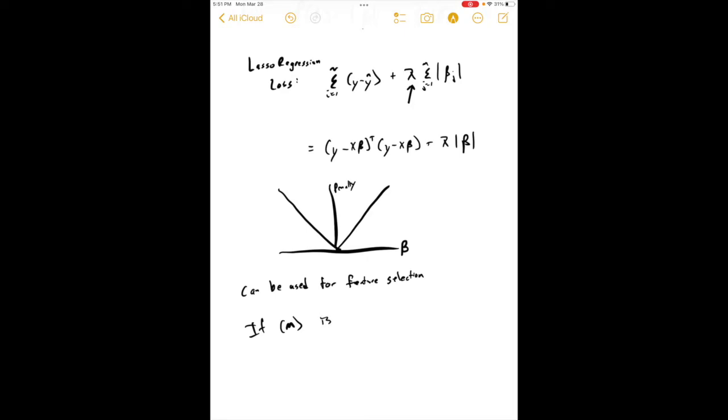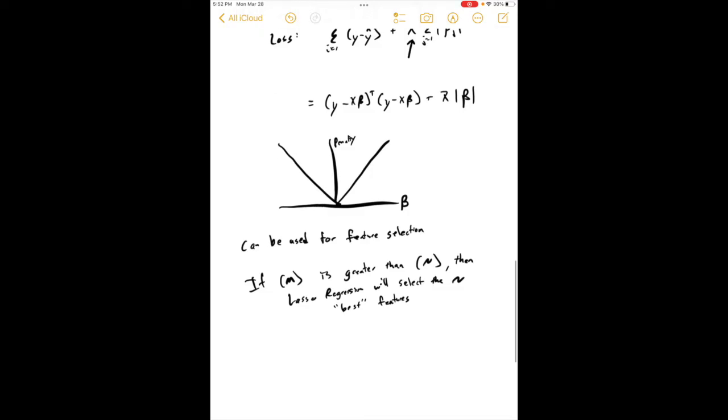So if m, the number of features, is greater than n, the number of observations, then lasso regression will select the n best, I'm putting best in quotes here, features. Which is very cool, but often it doesn't actually come up that much in practice.